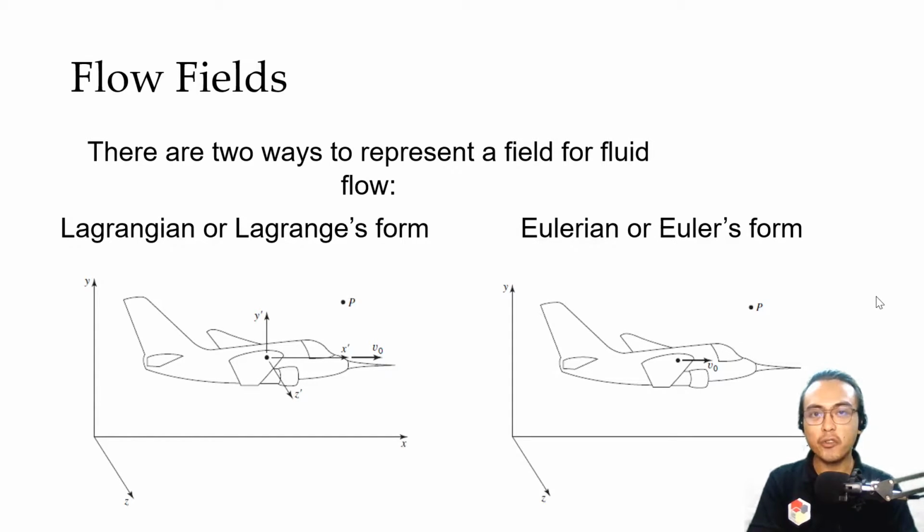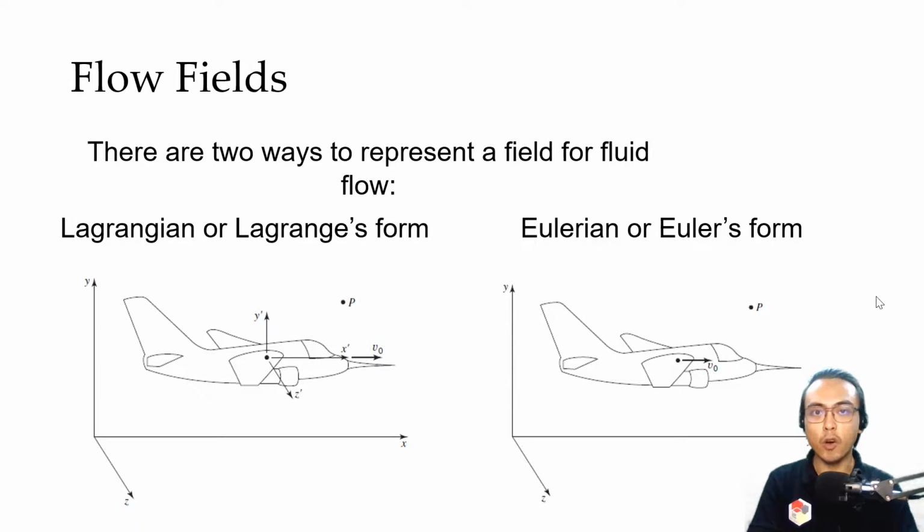In the Lagrangian form, the observer is moving along with the fluid. From the point of view of the observer, the fluid is not moving because the observer is moving along with the fluid. In contrast, in the Eulerian form, the observer is directly looking at the fluid flowing. So in the Eulerian form, the observer is stationary while he is observing the fluid moving.